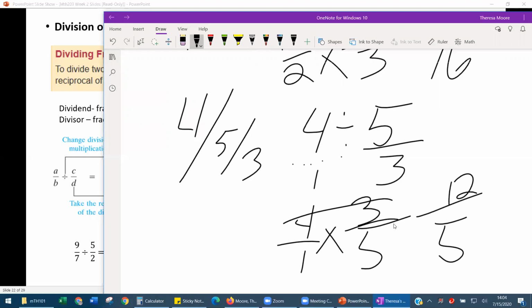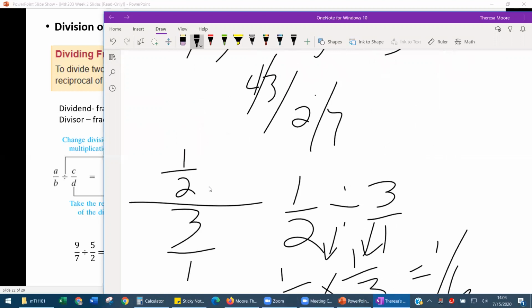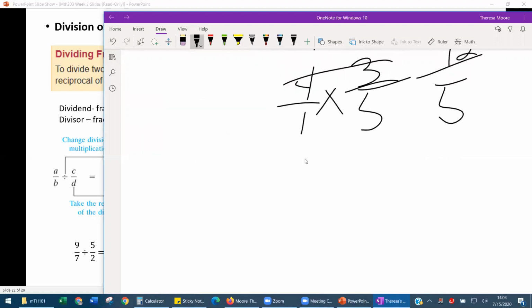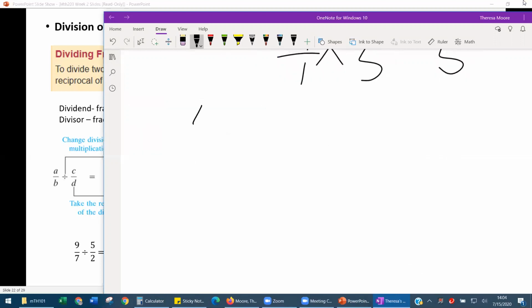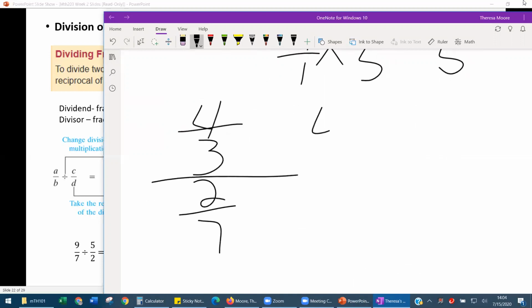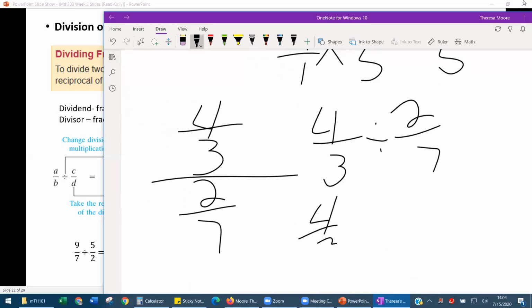And then the last one was what? 4/3 over 2/7. 4/3 over 2/7 is the same as 4/3 divided by 2/7. Keep it, change it, flip it.